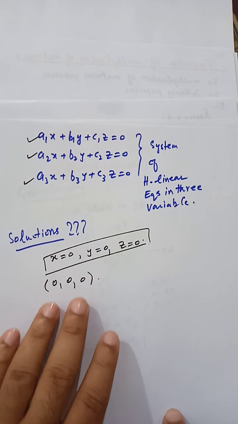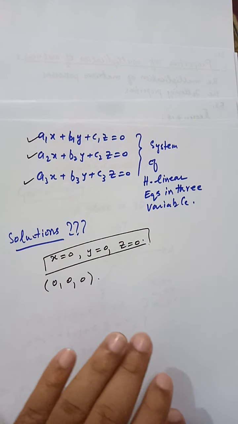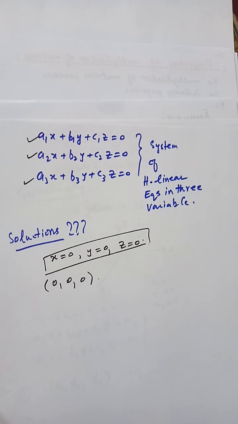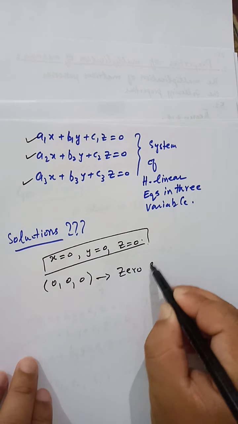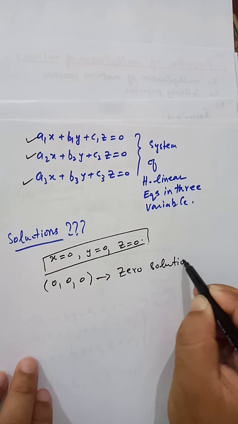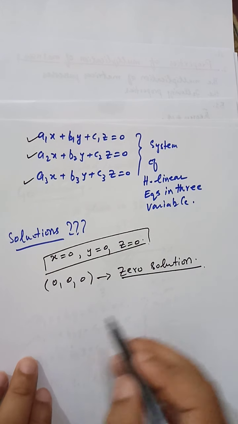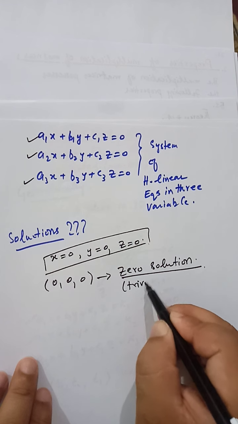So if it satisfies the system, then this is a solution of the system. This solution is called the zero solution or trivial solution.